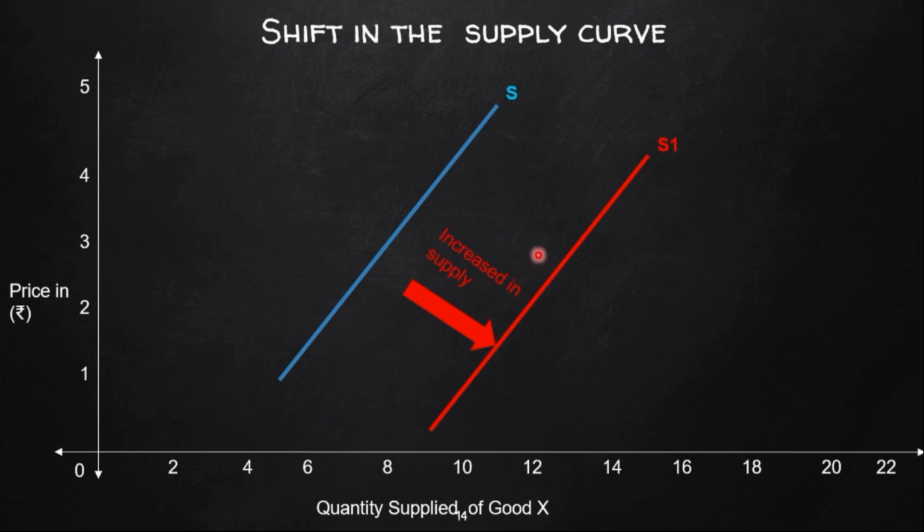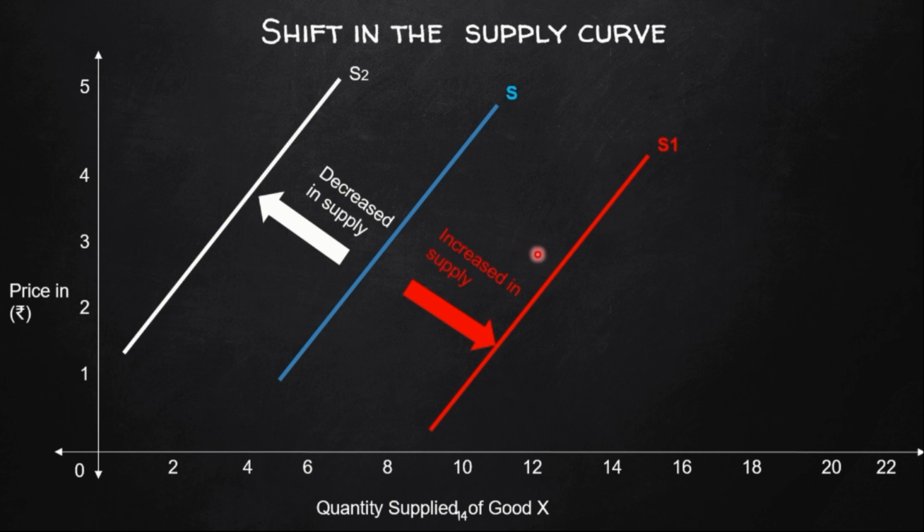When the cost of production increases for any reason, the quantity supplied will decrease, due to which the supply curve will shift to the left. In the diagram, the S1 supply curve represents an increase in the quantity supplied due to a fall in the cost of production, and the S2 supply curve represents a decrease in the quantity supplied due to an increase in the cost of production.